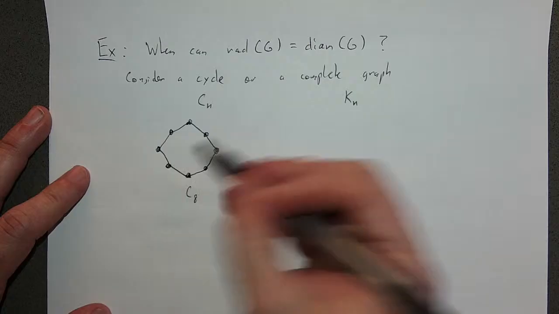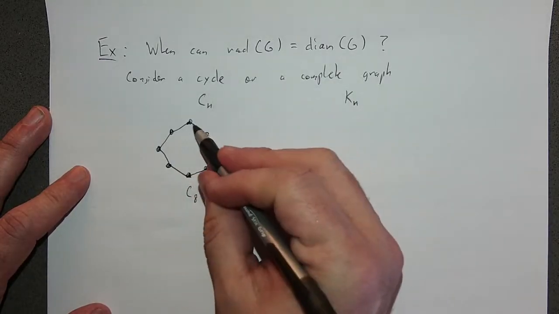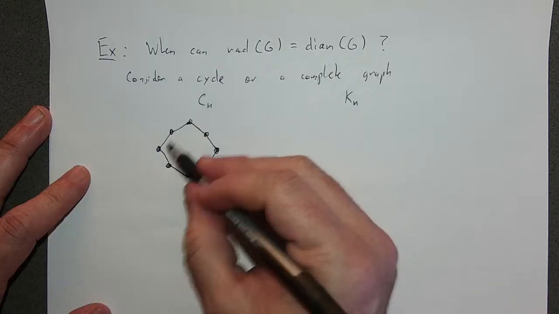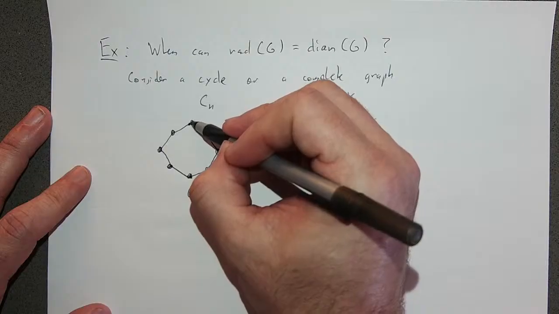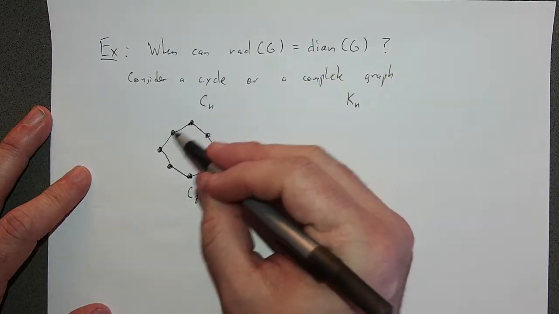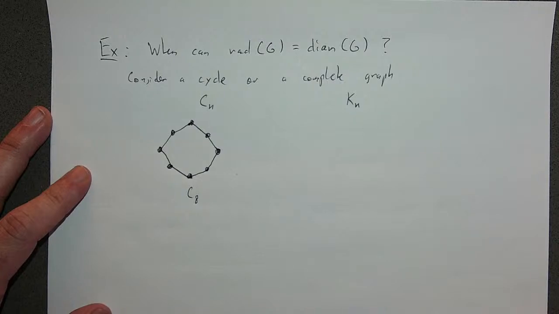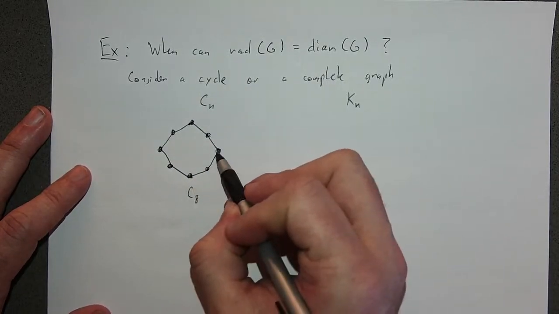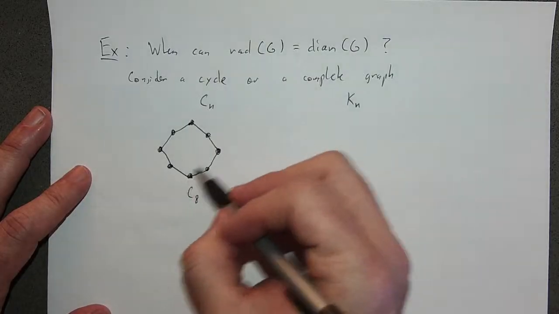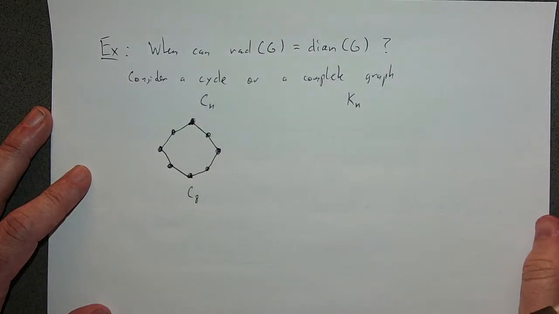Well, its shortest path is the distance. So, for instance, going all the way around, well, there's a shorter way to do that. Let's see here. 1, 2, 3, 4. That's the shortest distance to here. 1, 2, 3, 4. That's the only way to get there.